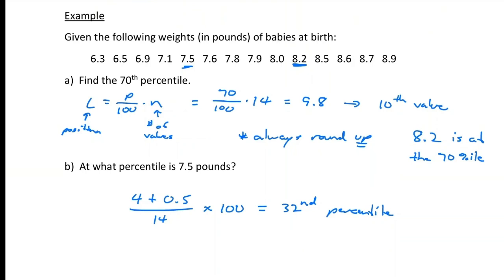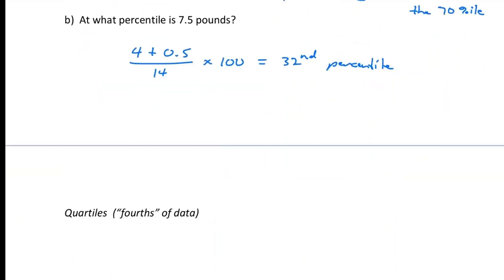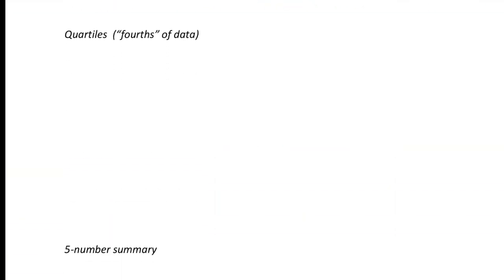Okay, well, let's move on here, and we are going to extend on this idea. So let's talk about quartiles. Quartiles are basically fourths of data. So quartile 1, for example, would be the first 25% of your data, often abbreviated Q1. So this is basically the 25th percentile. 25% of your data is below, 75% is above.